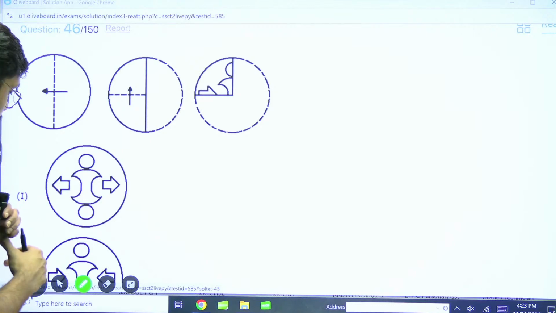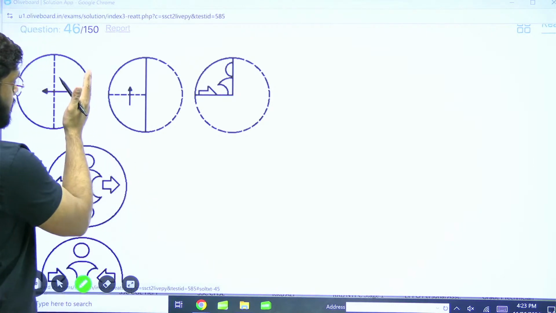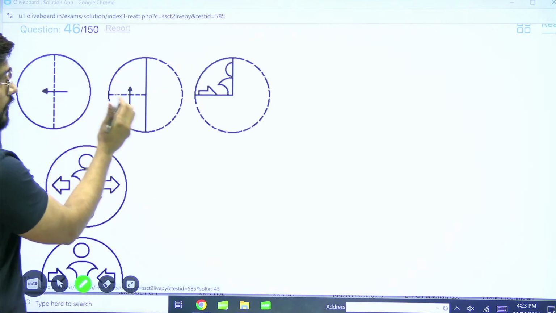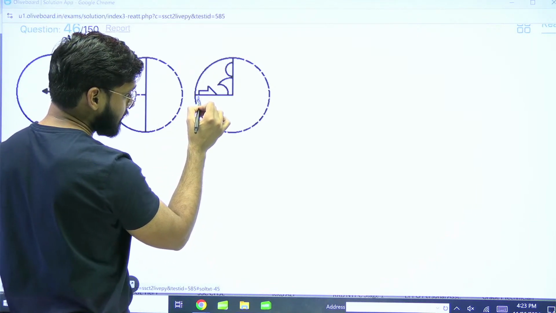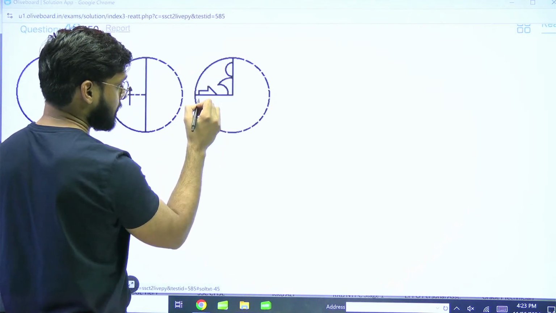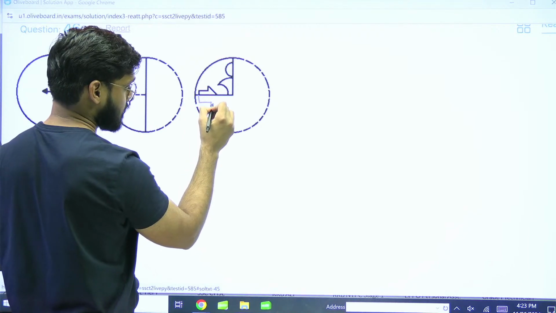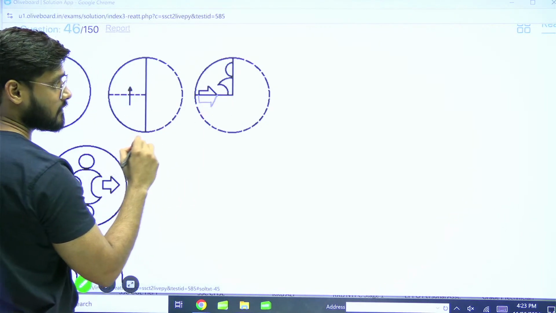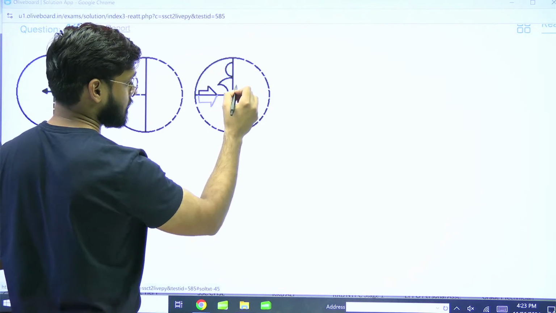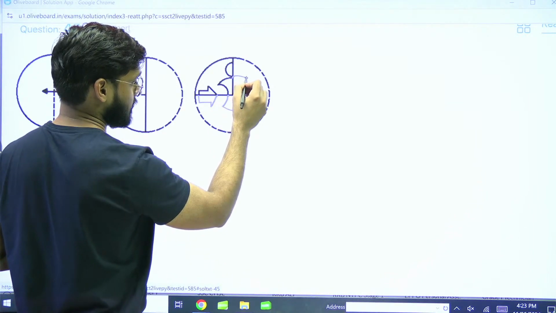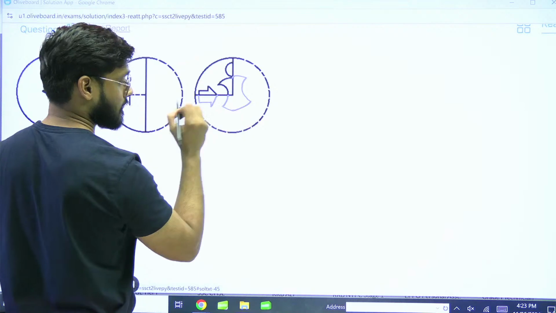The paper is folded from right to left, then bottom to top, then these 3 cuts are made. Now when I open this image downward, the image will be made like this. And this will be made like this.